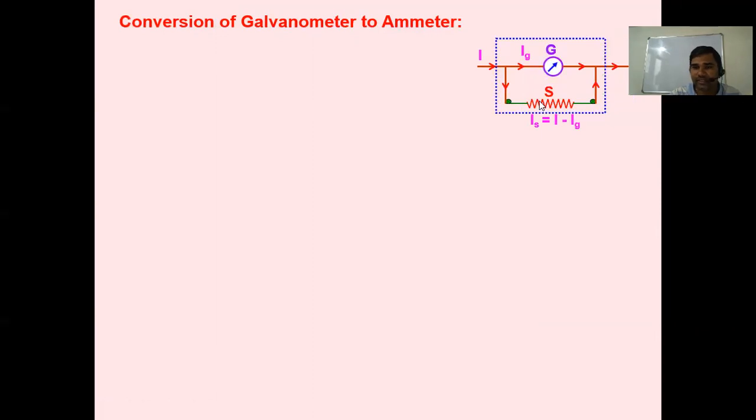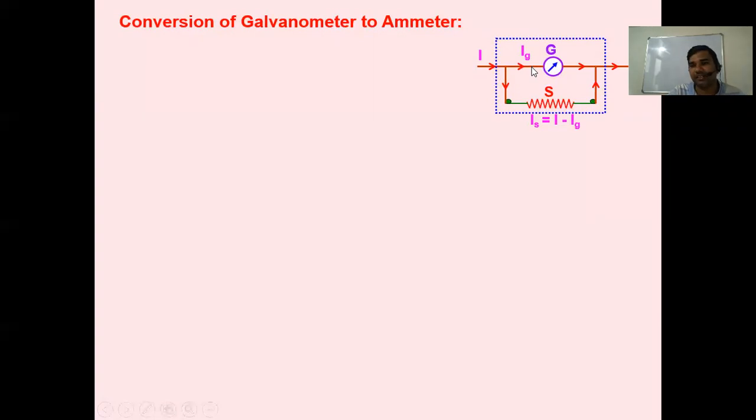Now, conversion of galvanometer into ammeter. If you have a galvanometer with us, a galvanometer is having a resistance G and it allows a small amount of current Ig. But when you connect a small value of resistance in parallel, this is also called shunt resistance, now we can convert this into an ammeter. Here I is the current we want to measure, and Ig is the galvanometer's maximum current.